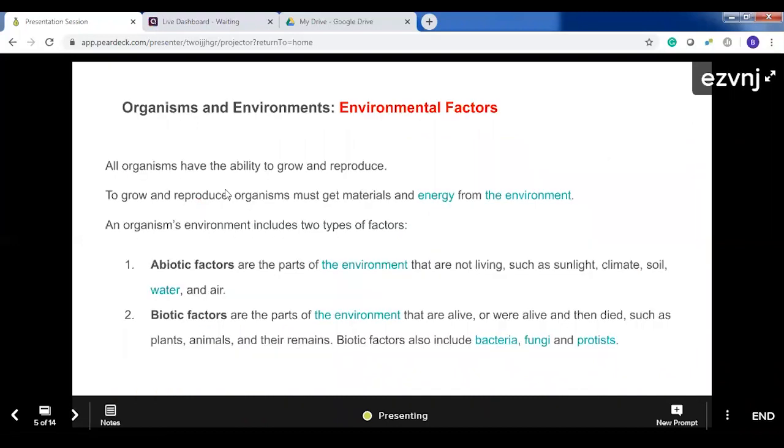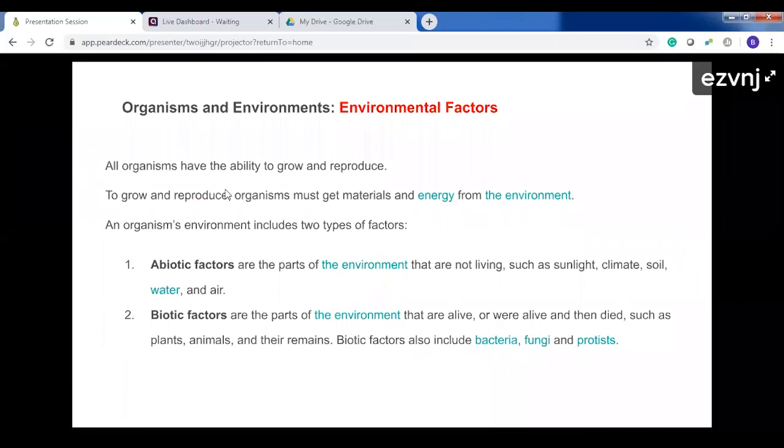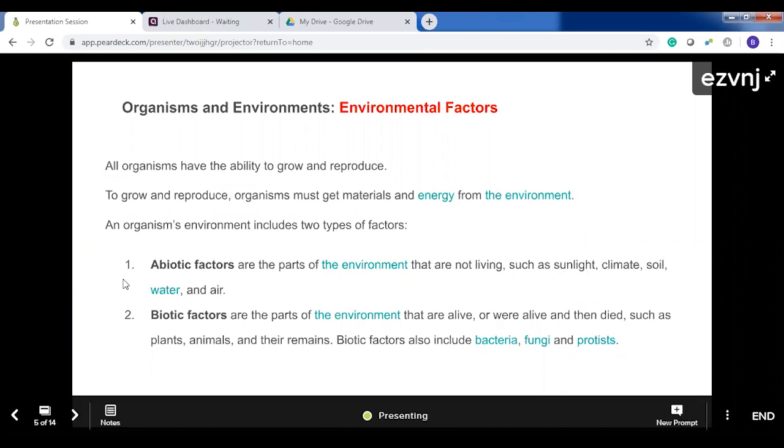Now, all living organisms have the ability to grow and reproduce. And to grow, they need to get materials and energy from their environment. Like you said, we need oxygen or we need food to make energy. Now, in the environment, there are abiotic factors, which are sunlight, climate, soil, water, and air.